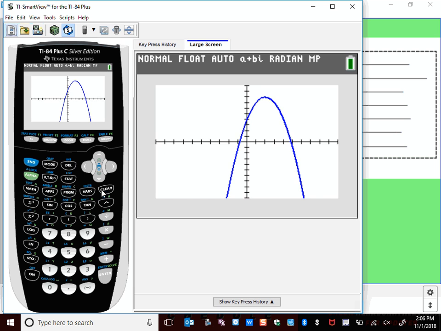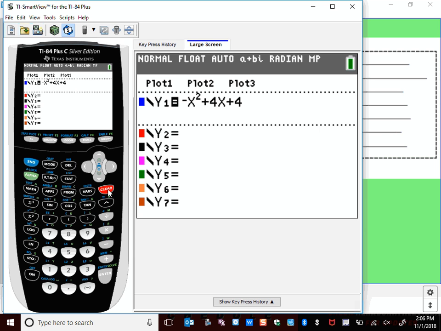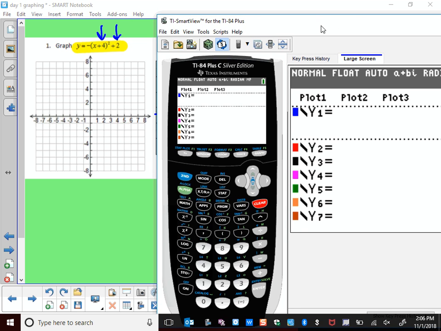So what we're doing is putting things into y equals so we can get a table. So first, let's graph this. Negative parentheses x plus 4 squared plus 2. Graph.